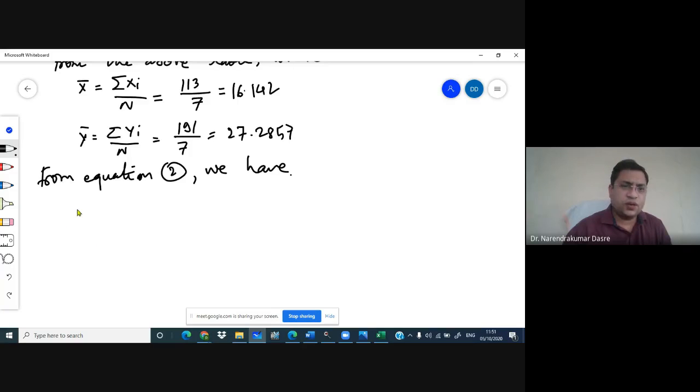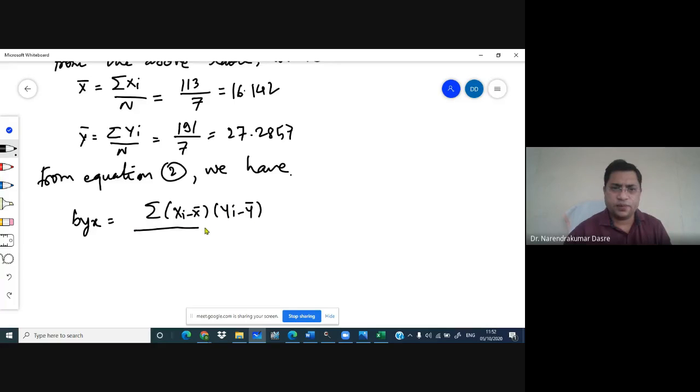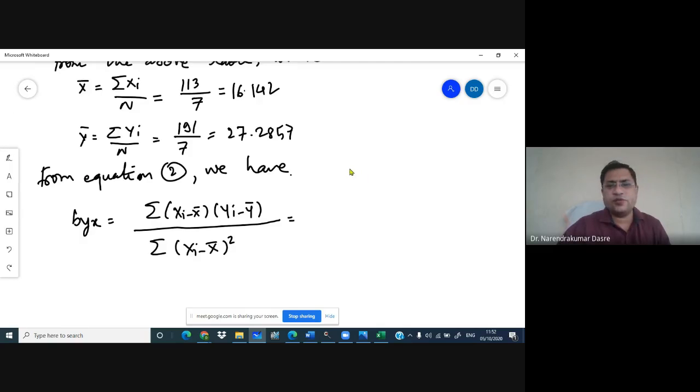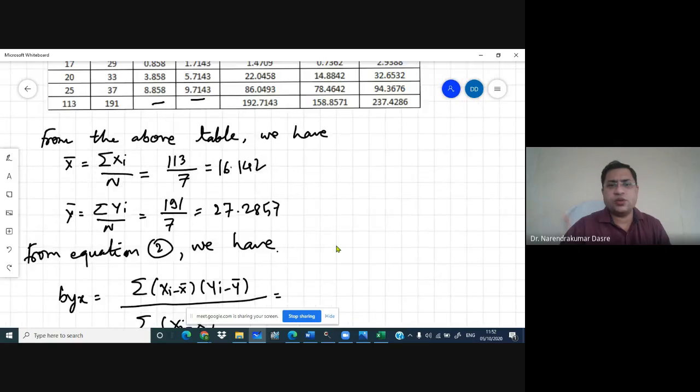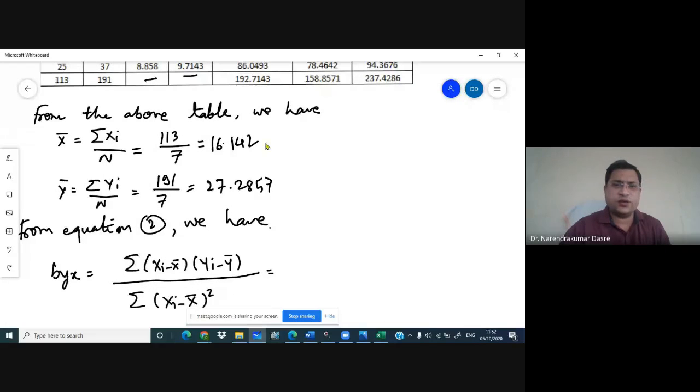So byx is equal to summation of xi minus x bar, yi minus y bar, upon summation of xi minus x bar whole square. These values you can take from the table: this is 192 and this is 158.